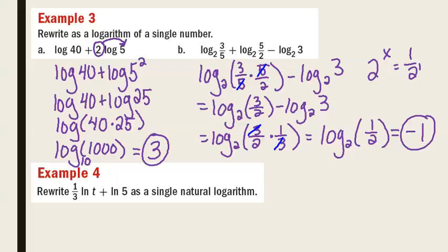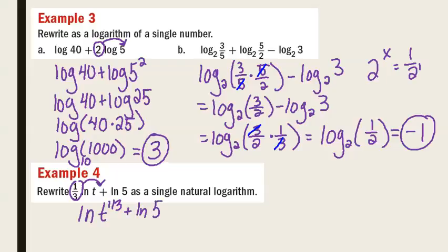You can use these properties with natural logarithms just like you can with regular logarithms, because remember, a natural log is just log base e. So we're going to do this same thing one more time in example 4, just using natural logs. So I have a coefficient in front of a logarithm, which means I first need to change that into being an exponent. So this becomes natural log of t to the 1/3 plus ln of 5.